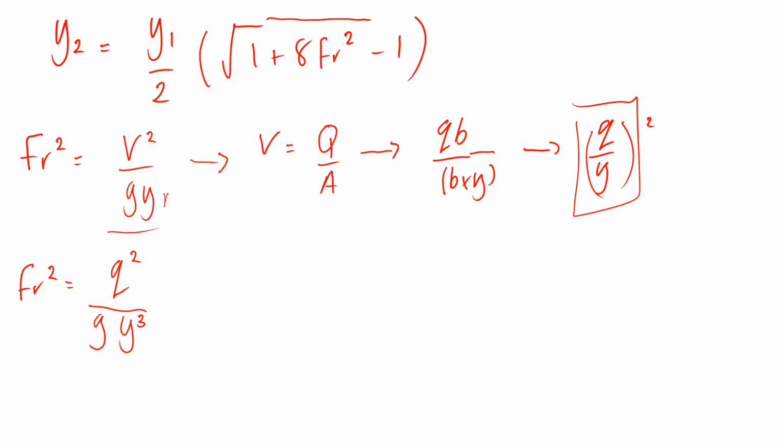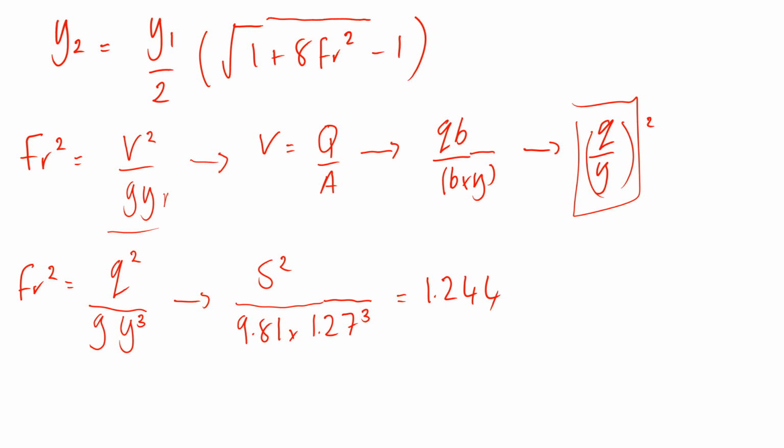Now you can work out the Froude number. So you get 5 squared over 9.81 times, we're going to use y1, which is 1.27 cubed.